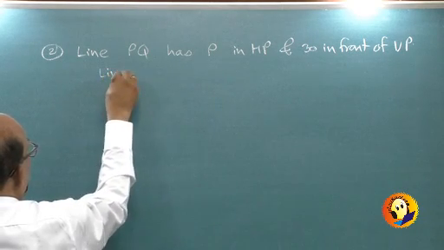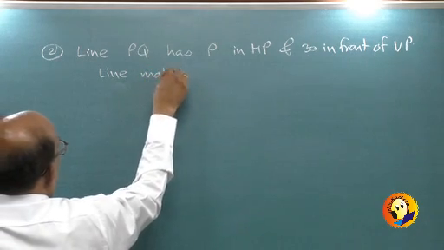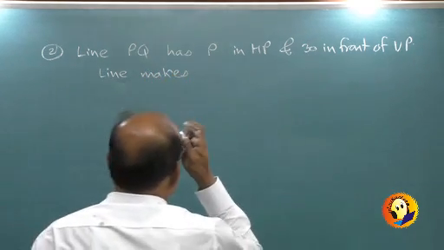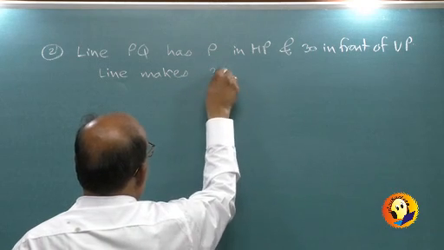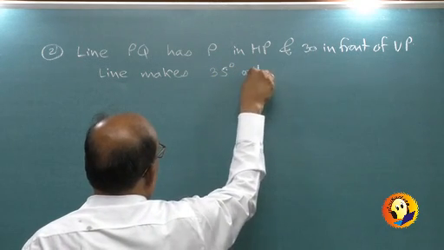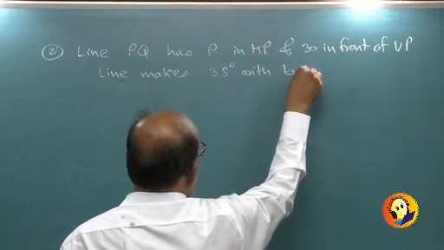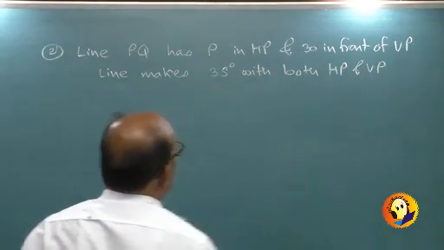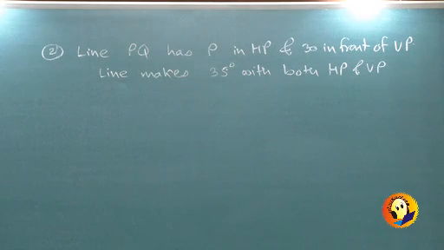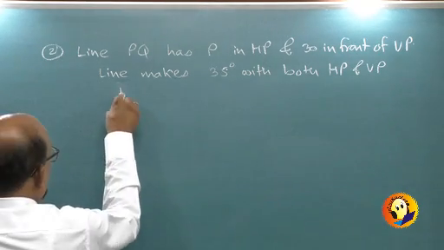Line makes 35 degrees with both HP and VP. Line makes 35 degrees with both HP and VP. Draw projections.